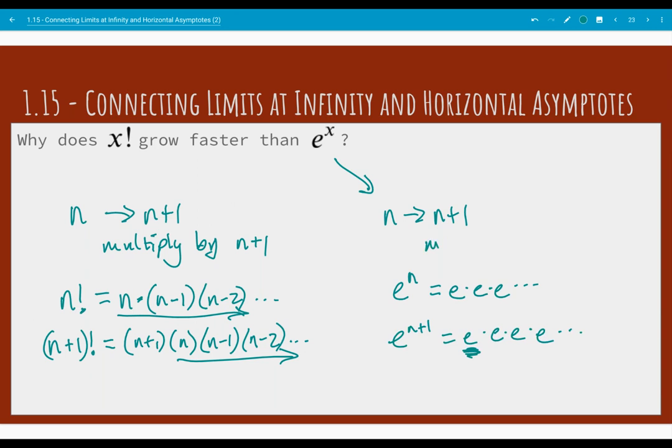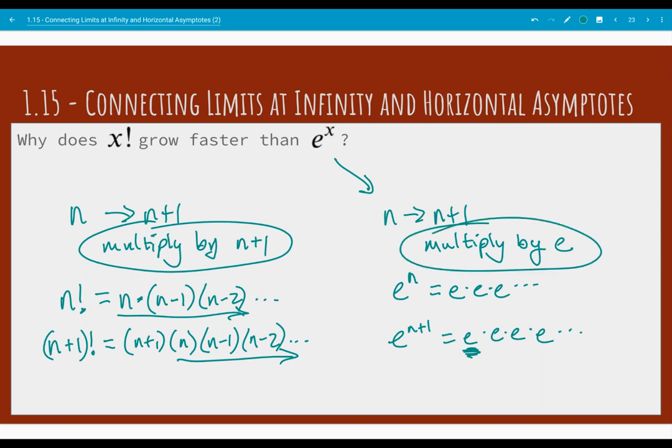So this is the same thing as multiplying by e. No matter what n is, if we multiply by e, we're multiplying by the numerical value of e, which is about 2.7. So when n is a really big number, with the factorial, increasing it a little bit multiplies it by a really big number.